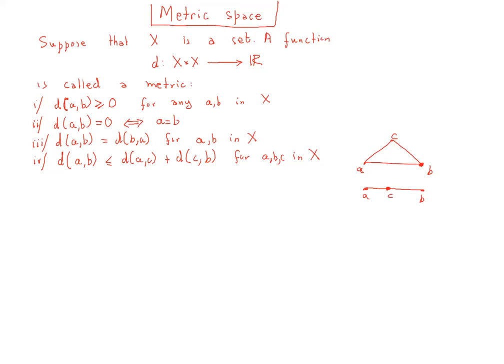So a function is called a metric if it satisfies these properties. The space, the set X, equipped with the metric D, is called a metric space.